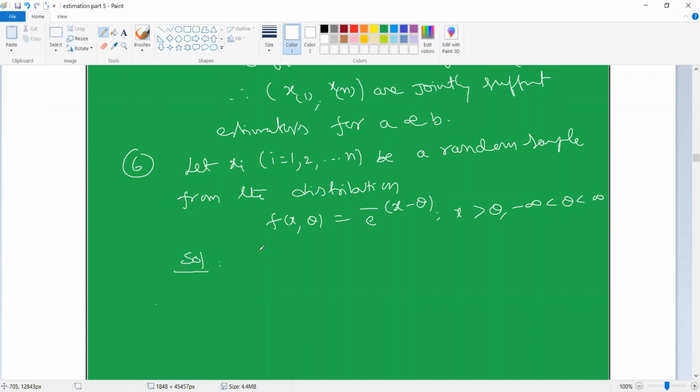Solution: f of x comma theta is equal to e power minus (x minus theta), x greater than theta.